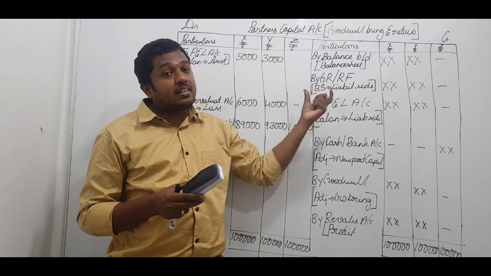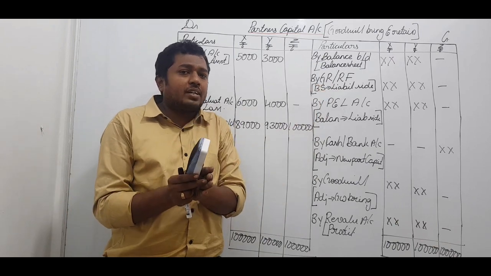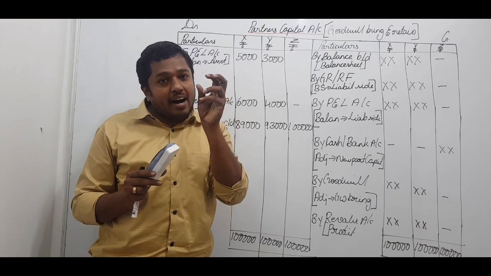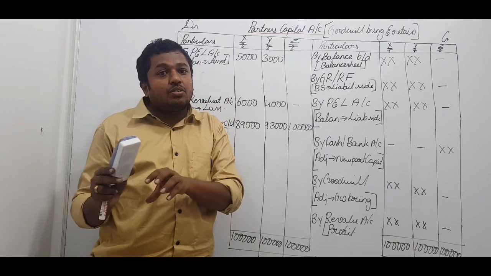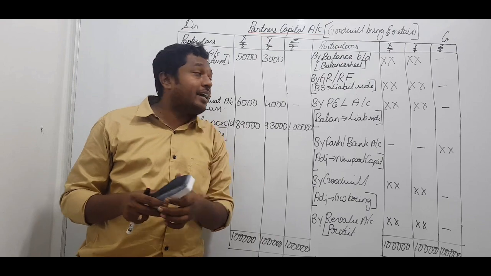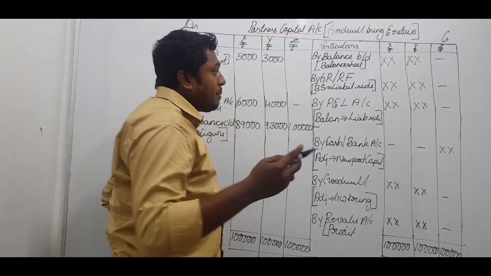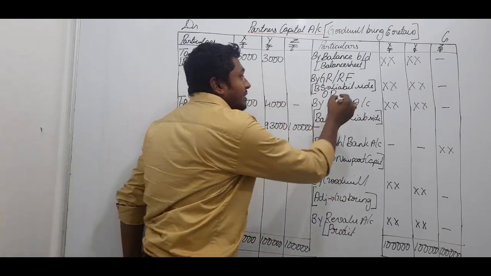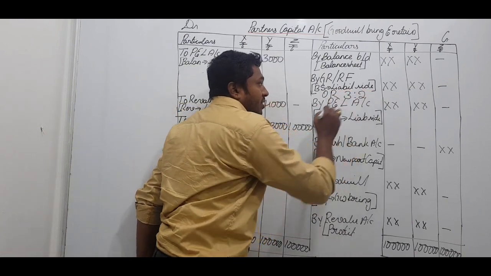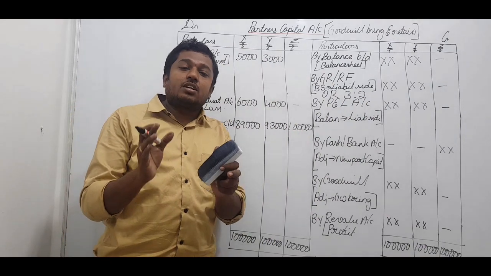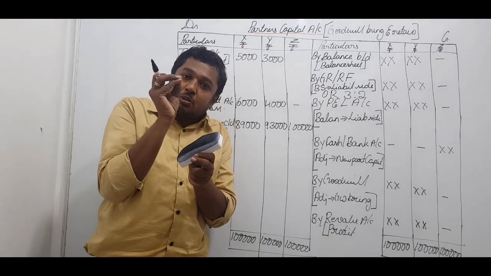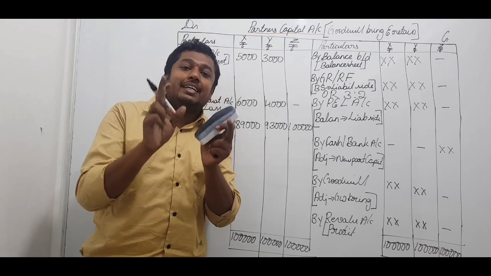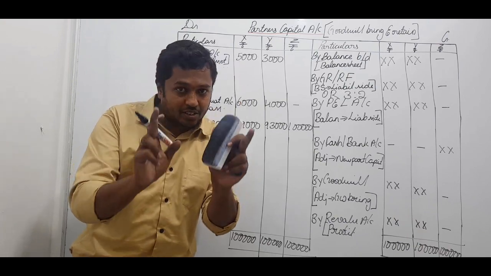But in the case of general reserve, the amount is a single amount, and that amount should be divided between the 2 partners in their old ratio. Remember, in their old ratio. For example, 3:2. The general reserve or reserve fund should be distributed among old partners in their old ratio.